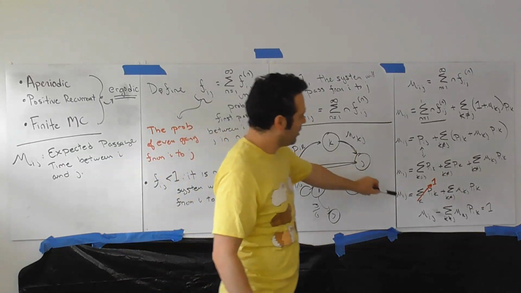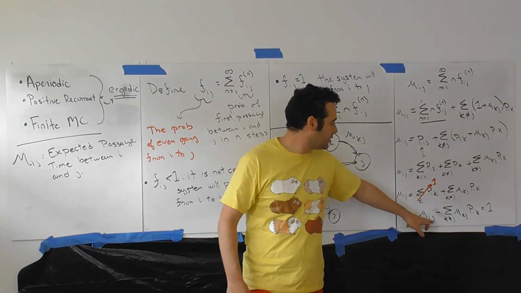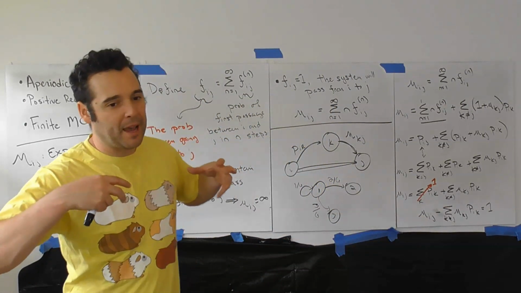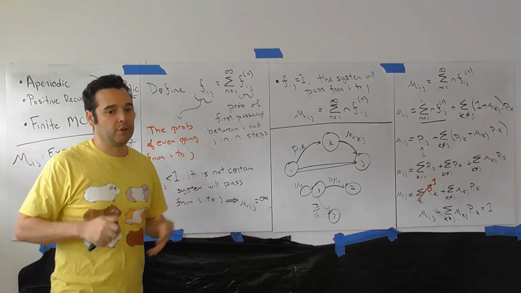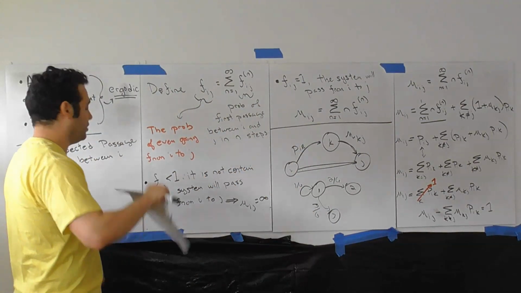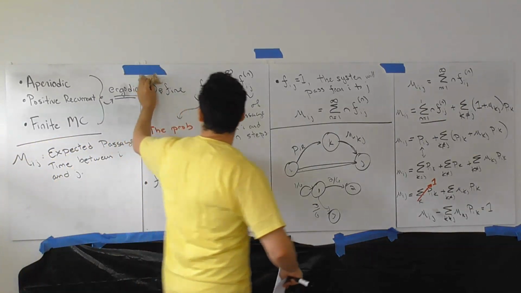Okay, so this equation holds true for all states j. And so what ends up happening is, just like in the prior video, we're going to end up with a system of equations. So what I'm going to go do now is actually write them out so you can see and find the relationship to what we had before.